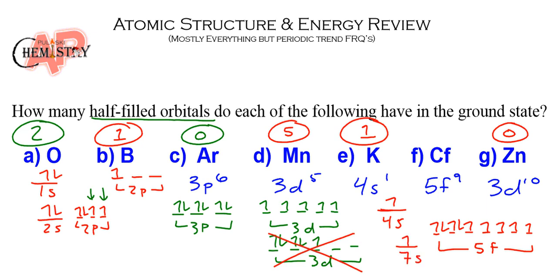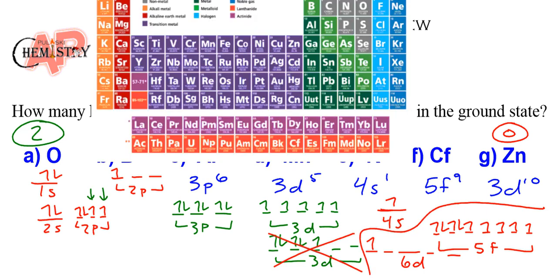You will have a 7s2 right here, but then a 6d and it'll fill once before you enter.